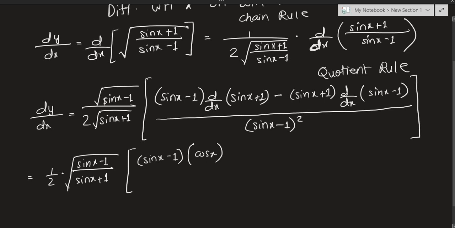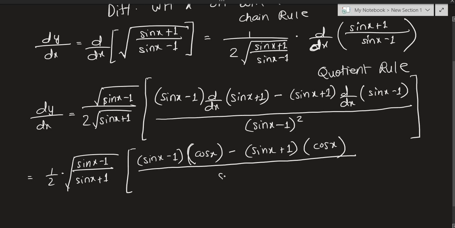So cosine of x plus 0 is just cosine of x, minus sine of x plus 1 because that's outside the derivative. And then again, property number 3. So derivative of sine is cosine, and derivative of 1 is 0. So cosine of x minus 0 is cosine of x, divided by sine of x minus 1, the whole thing squared.